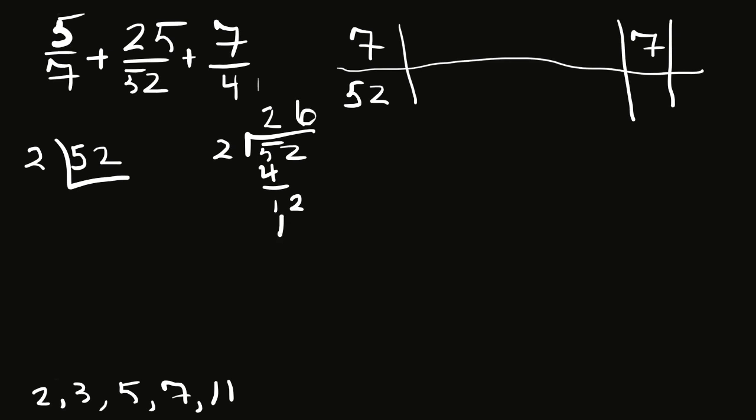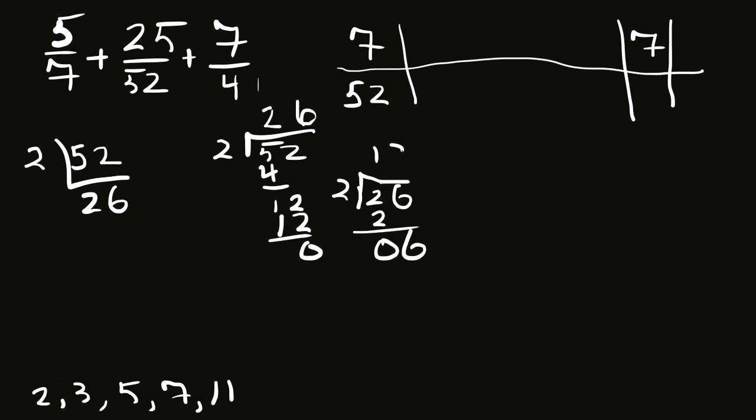That'll give us 12 and no remainder. So 2 goes into 52 26 times, and 2 goes into 26, 2 goes into 2 once, bring down the 6, 2 goes into 6 3 times. So 2 goes into 26 13 times.